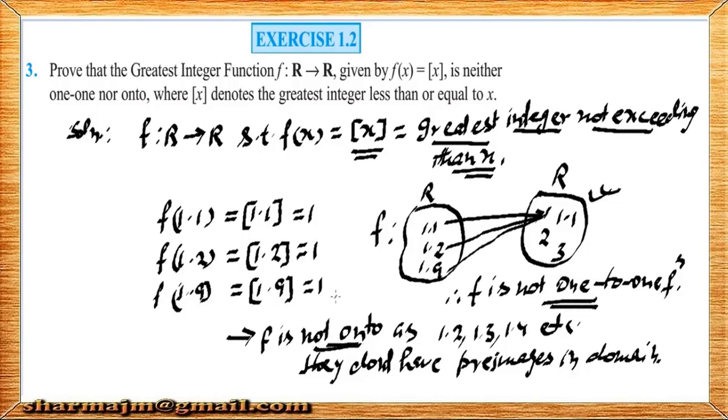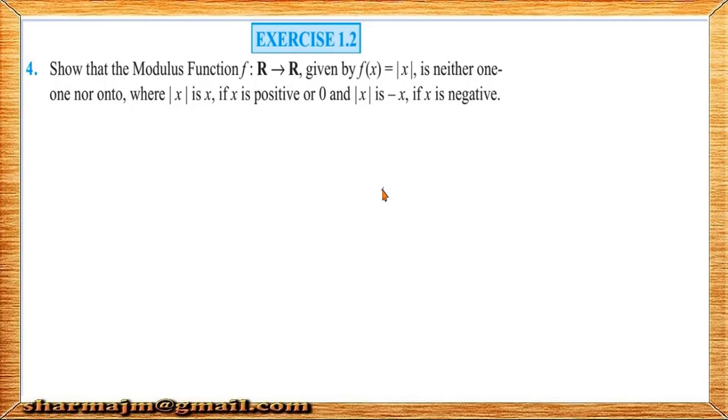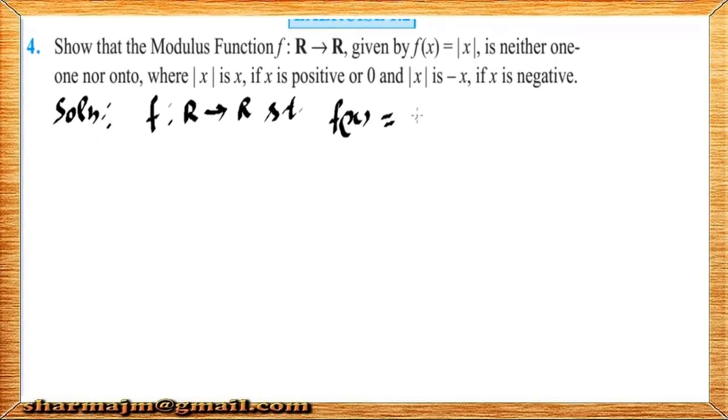Okay. Next question. Now it is question number 4. f is a real function from R to R such that f of x is equal to x mod.